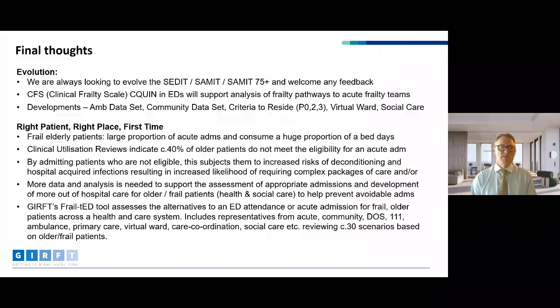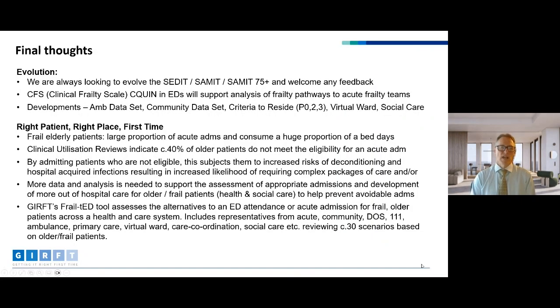But by admitting them, we are then subjecting them to increased risks of deconditioning and infections, and impact then on downstream care packages. So we are looking to develop our analytics to be able to understand the whole UEC pathway for older patients more, to then be able to support the prevention of avoidable admissions.